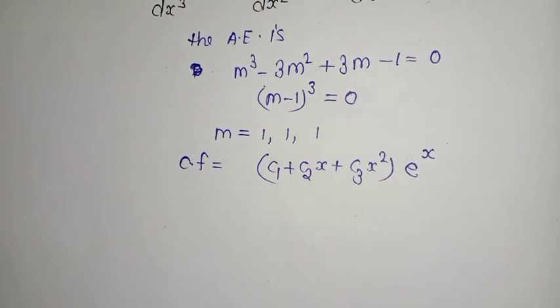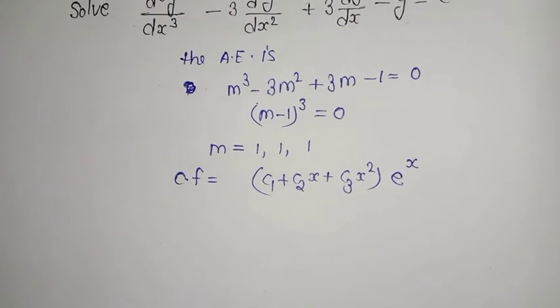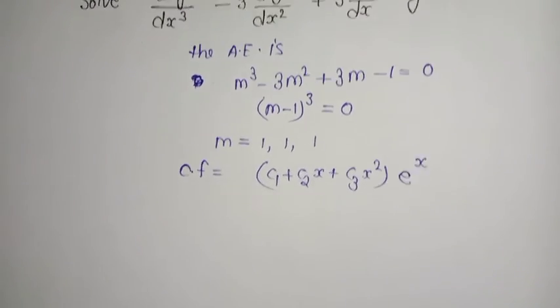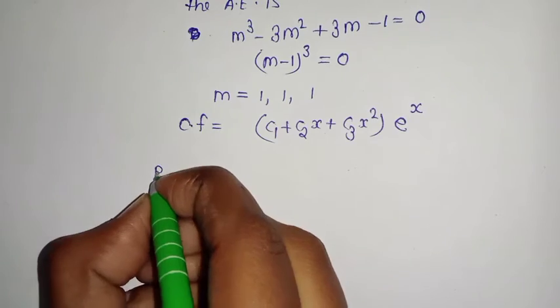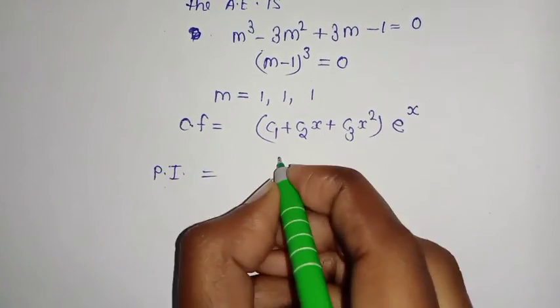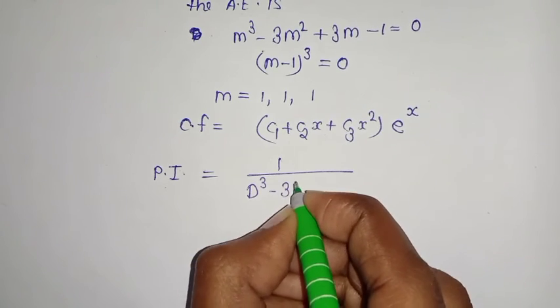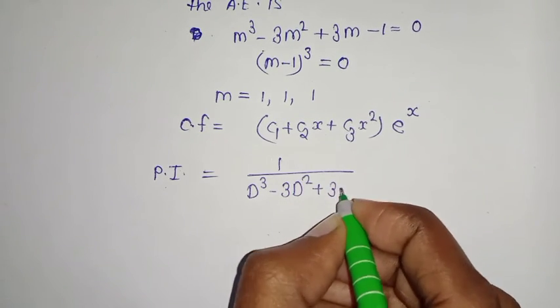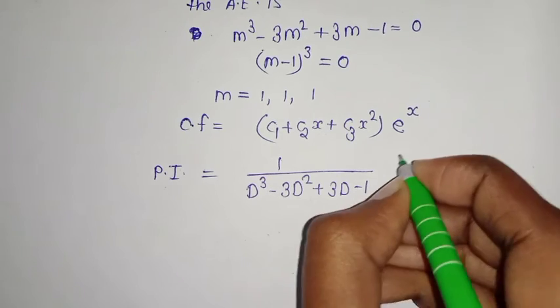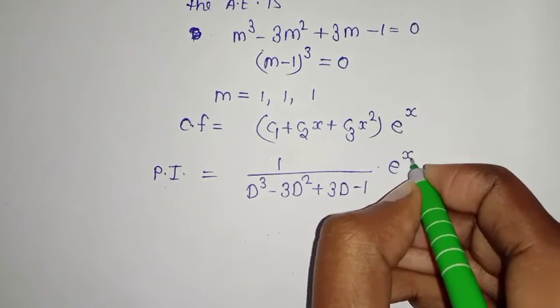So now we will write the PI for this differential equation. So PI is equal to 1 by d cube minus 3d square plus 3d minus 1 into e raised to power x.